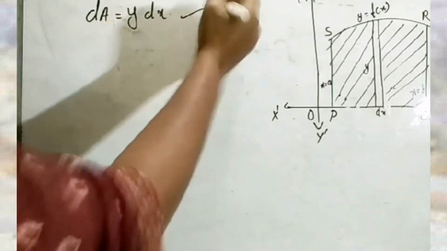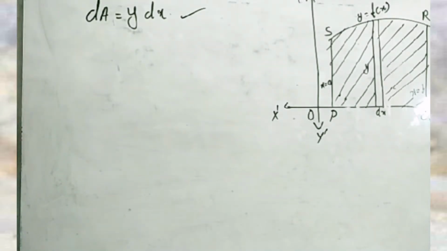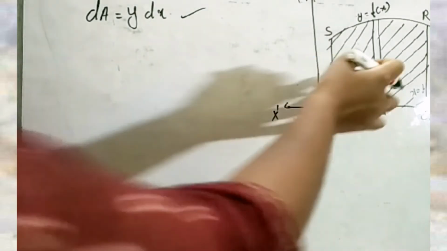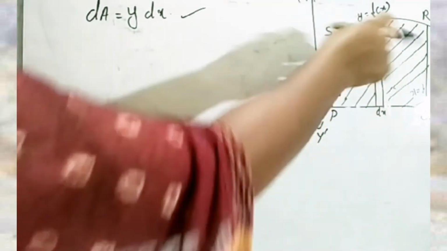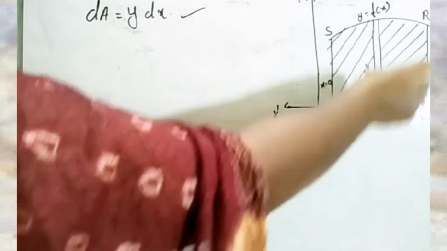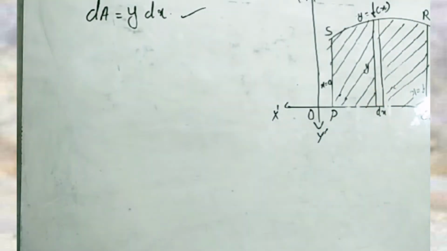This area is called the elementary area, which is located at an arbitrary position within the region, specified by some value of x between a and b. We can divide the shaded region into infinitely many small thin strips, and we know how to find the area of those thin strips, because each will be in the form of a rectangle.